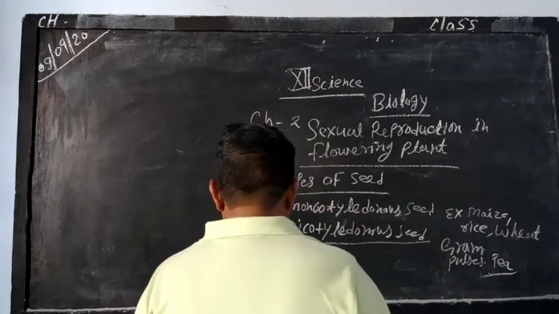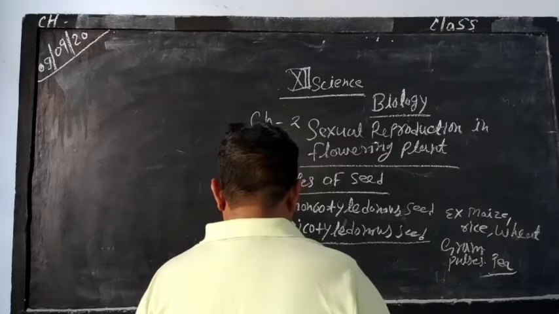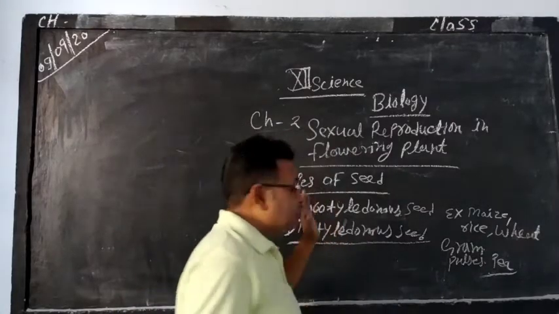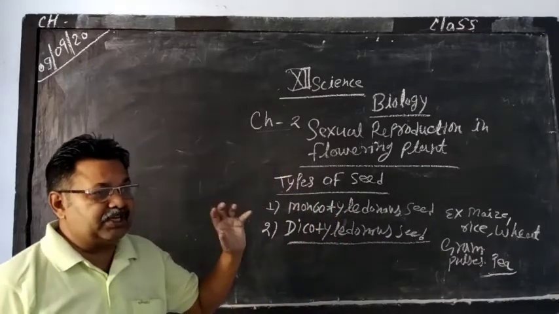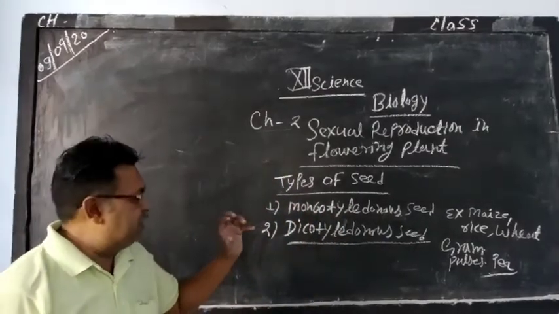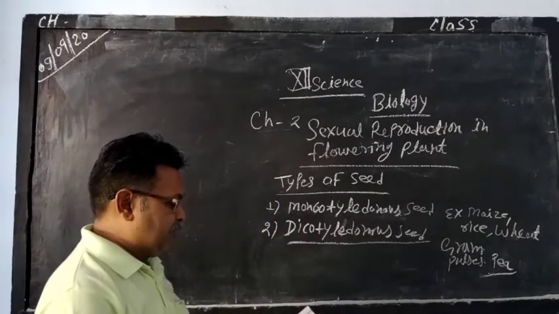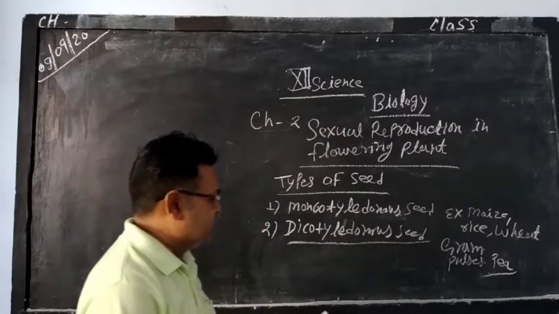Now, endospermic and non-endospermic seed. Endospermic means those seeds which contain endosperm are known as endospermic seeds. Examples of endospermic seed are maize and rice.